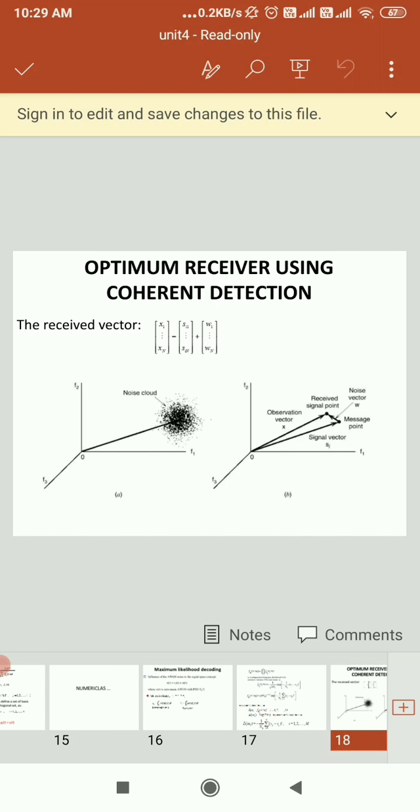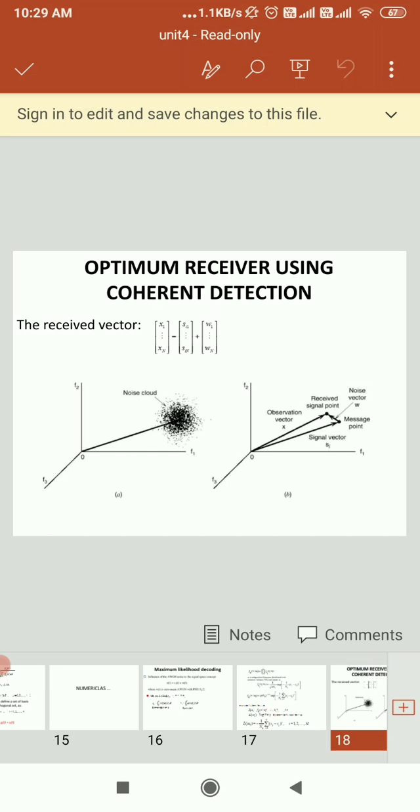So here, if we are taking the optimum receiver, which will use coherent detection, the received signal will be in the form of the signal which we are transmitting and the white noise. So here you can see at the receiver, when we get this, there will be some disturbance, a noise cloud.